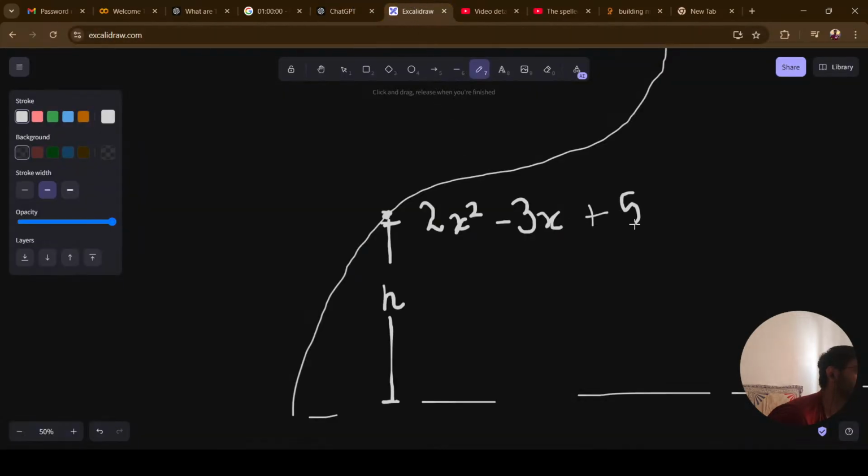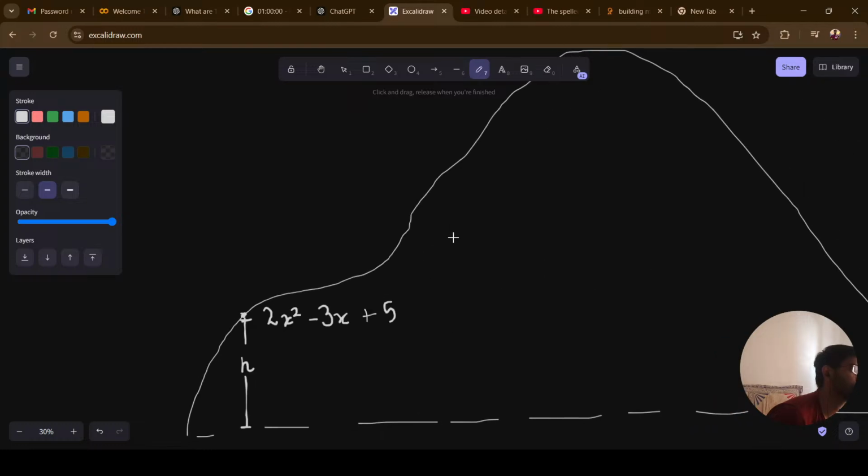And this holds at a uniform point, meaning at this point also the height of the hill is given by this same function, 2x square minus 3x plus 5, right?